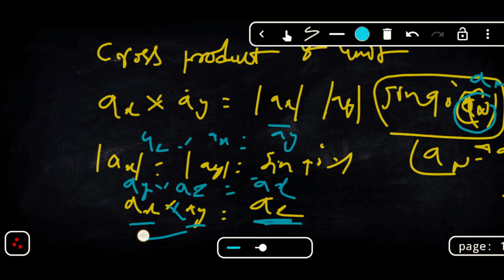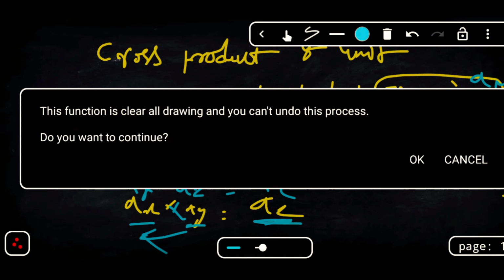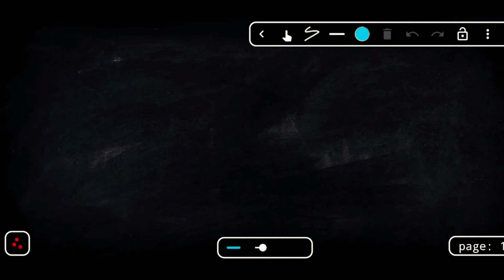If the order of the unit vectors are reversed, then ay cross ax equal to minus az, negative of that.